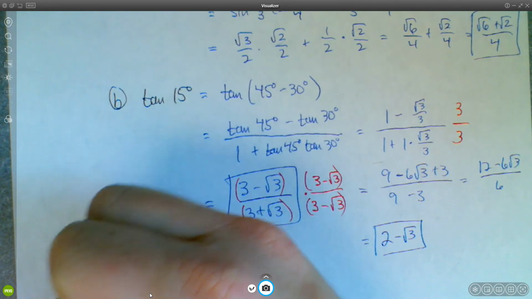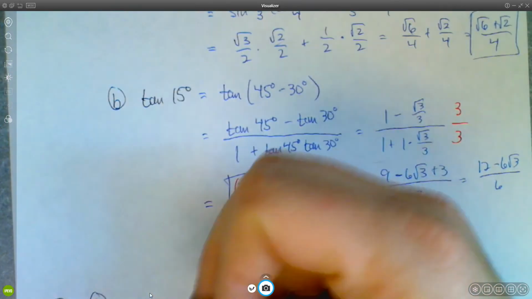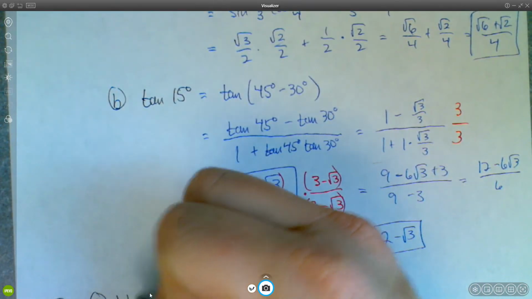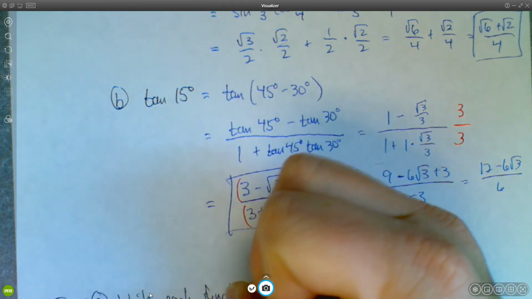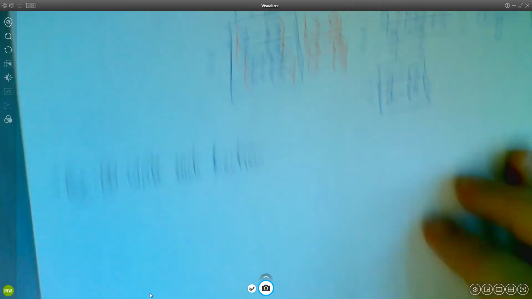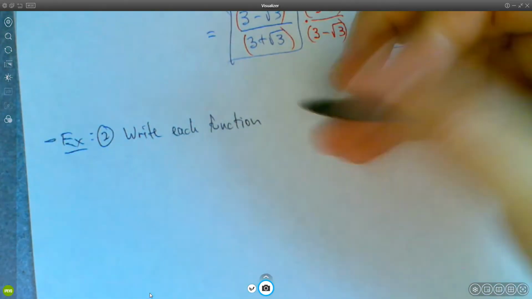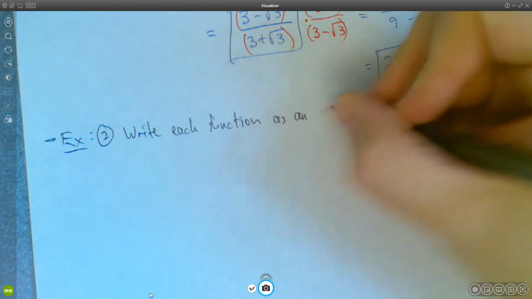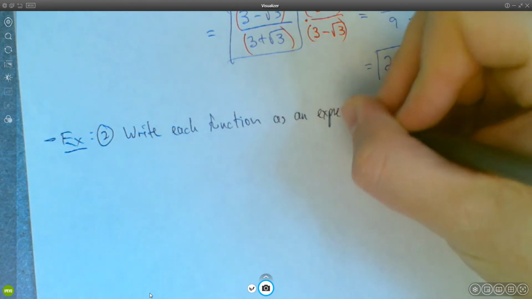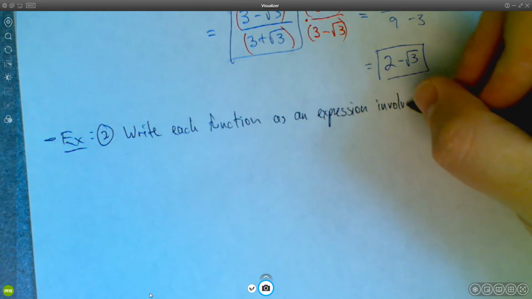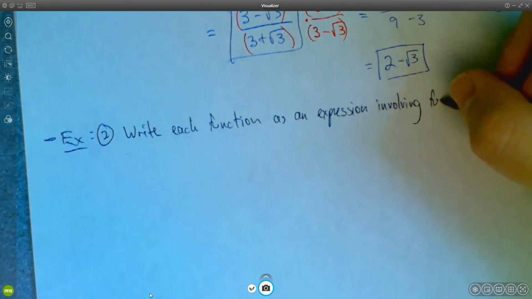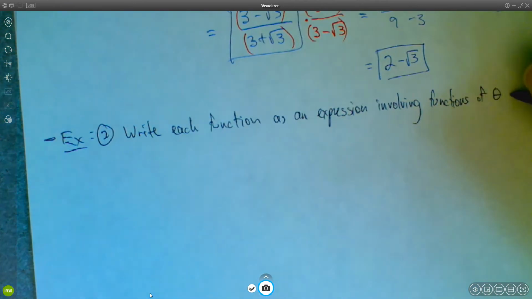Okay. So let's write each function as an expression involving functions of theta alone.